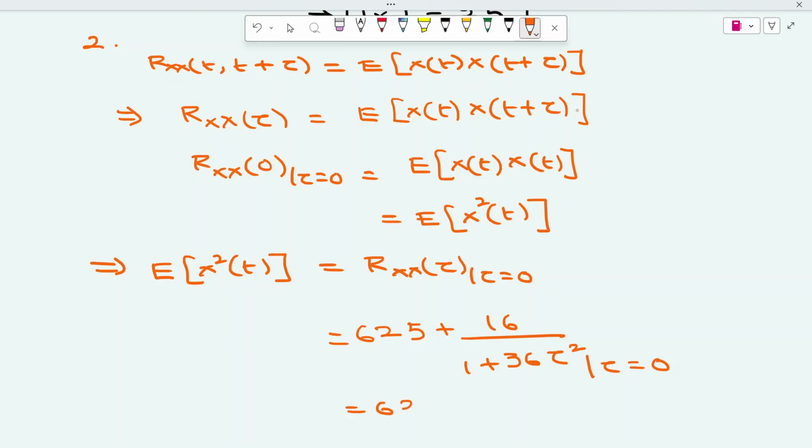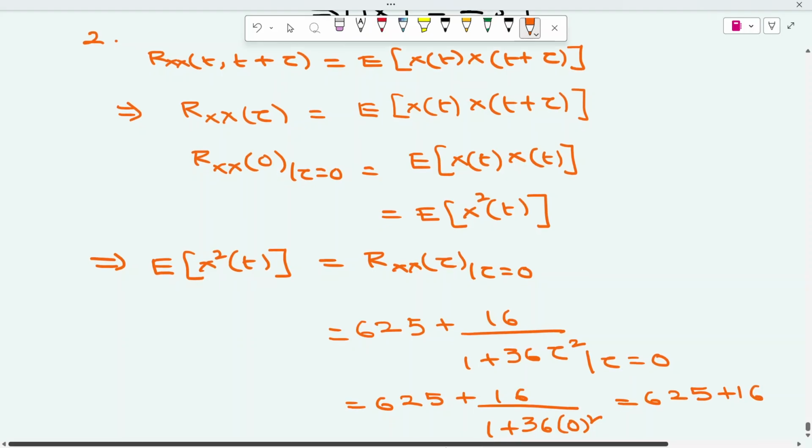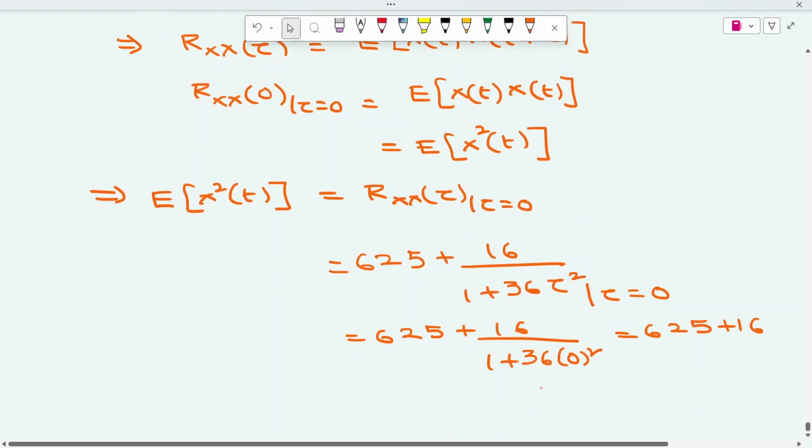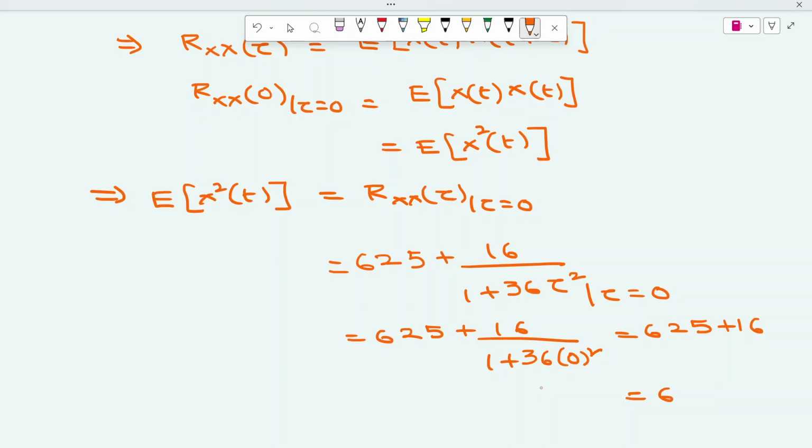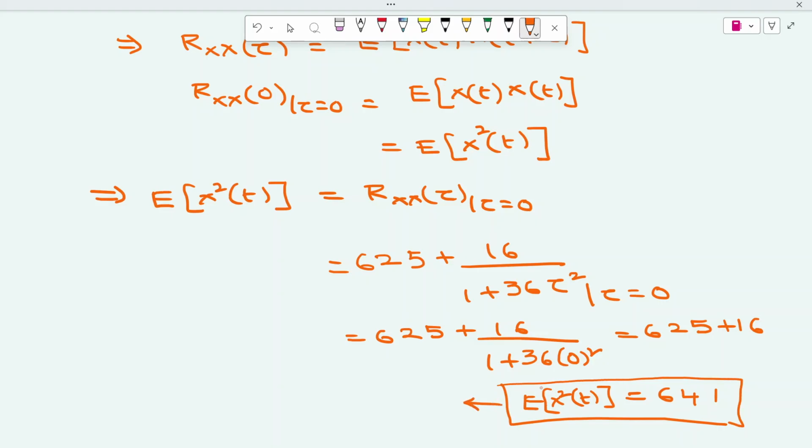So this will be 625 plus 16 by 1 plus 36 into 0 square, which is 625 plus 16, equal to 641. So expectation of x square of t is 641, which is nothing but the mean square value.